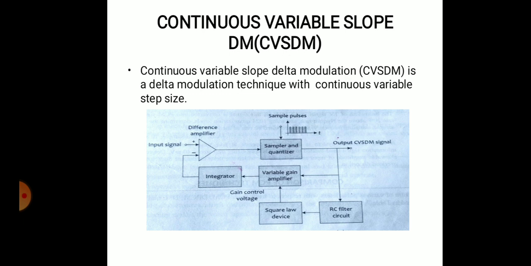Usually bit rates achieved are 9.6 kbps to 128 kbps, and 12 kbps CVSDM is used for digitally encrypted two-way radio systems, and 16 kbps CVSDM is used for military digital telephones to provide voice recognition audio systems, and 64 kbps CVSDM is one of the options used to encode voice signals in Bluetooth devices. So these are the applications of continuous variable slope delta modulation.